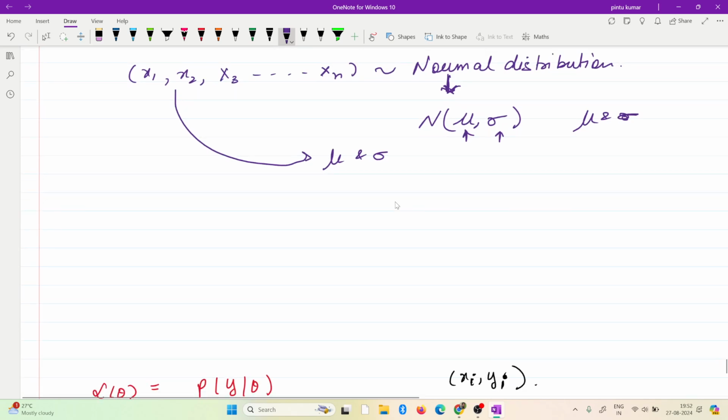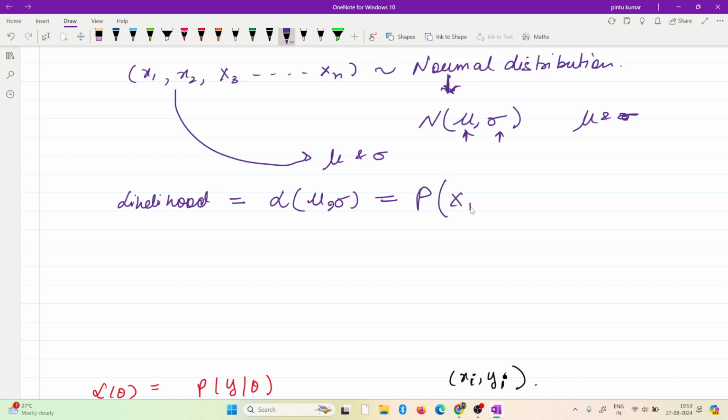So what we do is we define something that is known as likelihood. So what is likelihood? Likelihood, for a given mu and sigma, is the probability of x1 given that your parameters are mu and sigma. These are all statistical terms, even if you don't know the meaning.